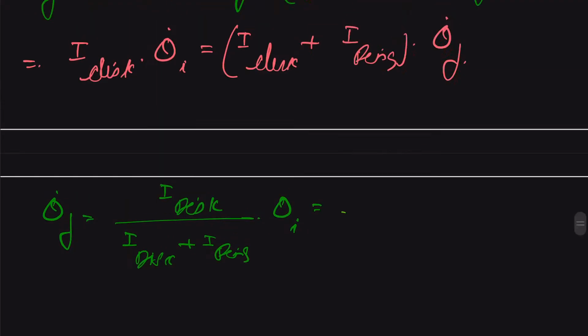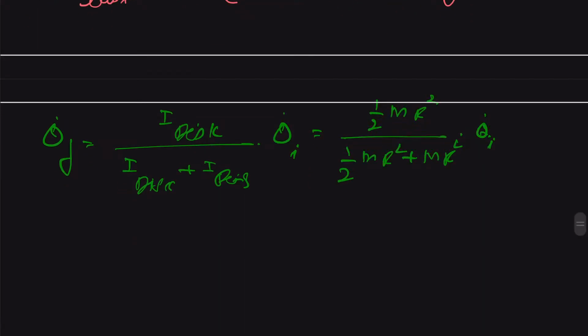I of disk is 1 by 2 MR square, and I of ring is MR square. We can write omega also, but I'm just comfortable writing in terms of theta.